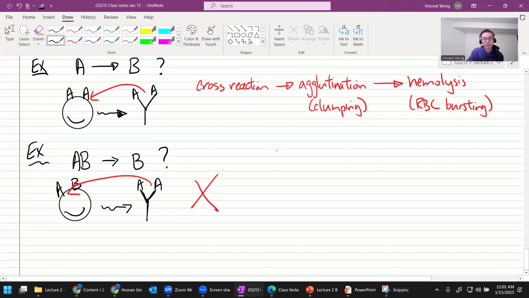One more. Let's do O to A. Safe for A, not safe for B. Much better this time.